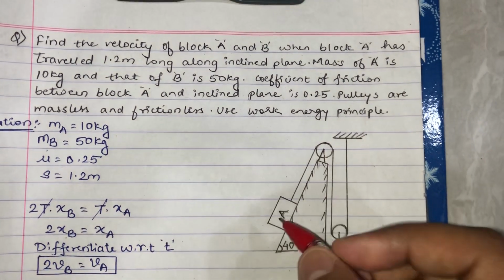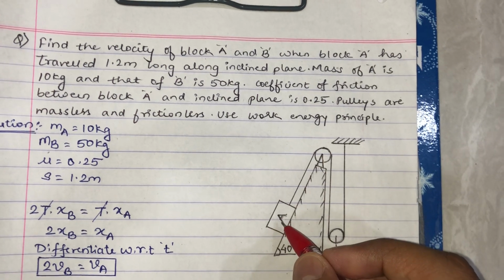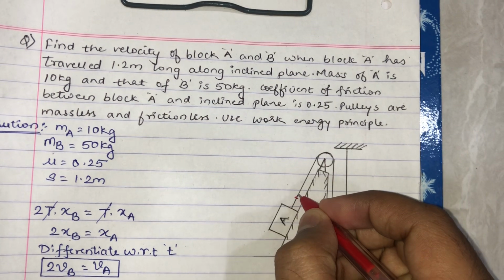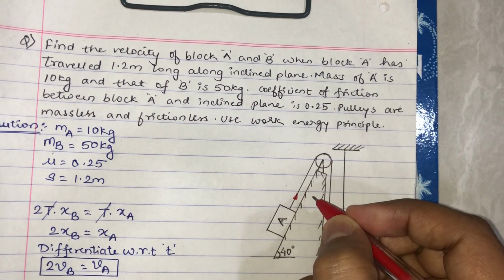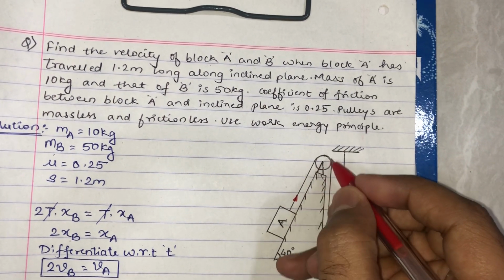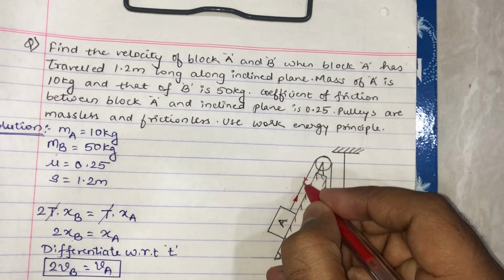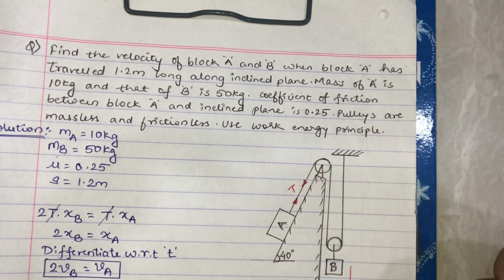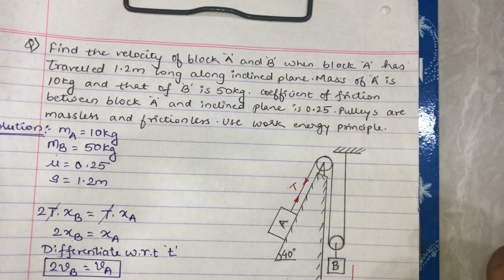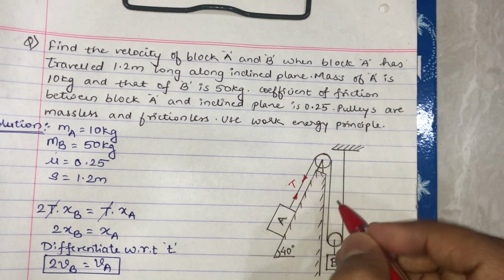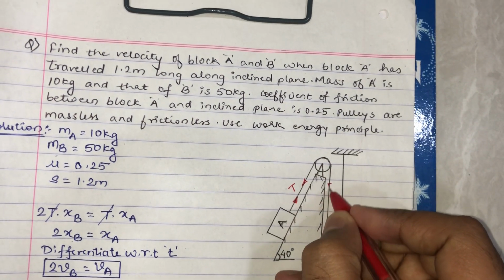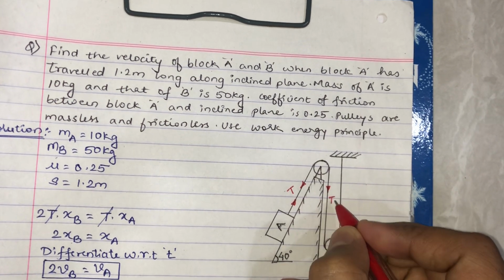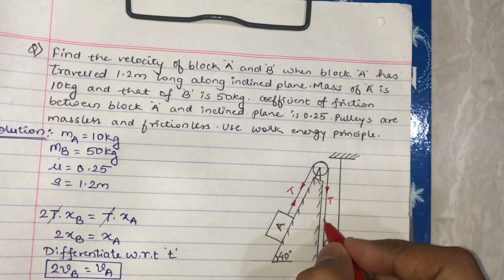Now one more thing, if I draw the FBD of this, the tension will be acting away from the body. The same thing for the pulley, the tension will be away from the body, which will be the same tension. As the pulley is frictionless, away from the pulley will be T. The same T will be away from this pulley.